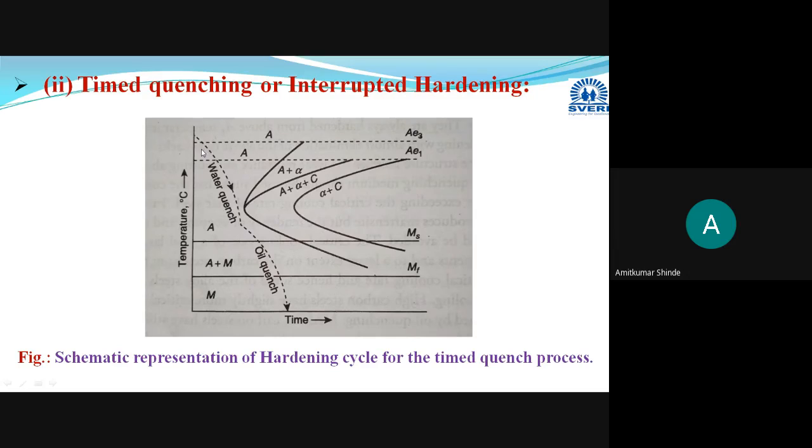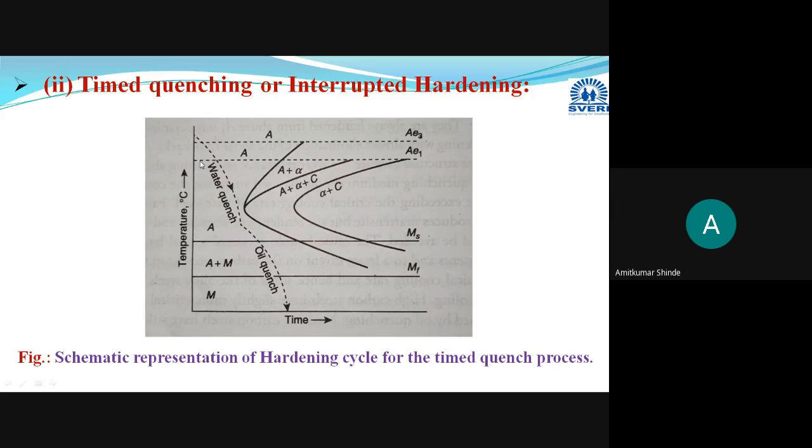Initially we are using faster cooling rates with the help of the water medium. Water will remove the heat at a very fast rate, and after that, when the temperature falls below this nose temperature, we change the cooling medium. Here a little bit slower cooling medium, either oil or air depending on the type of steel. Air can be used for high carbon steels or alloy steels.